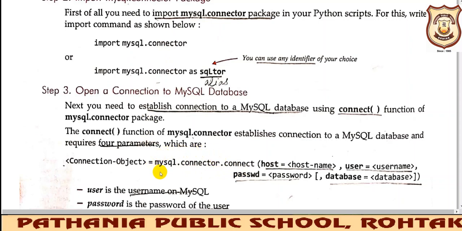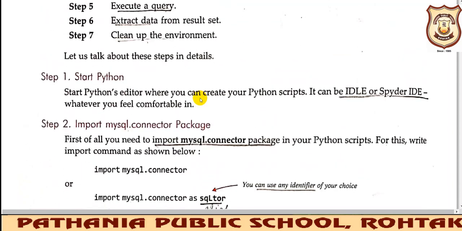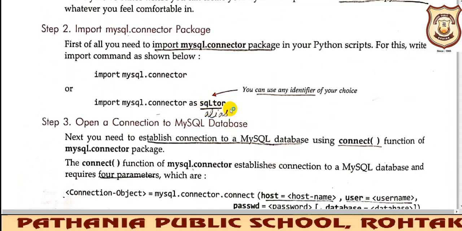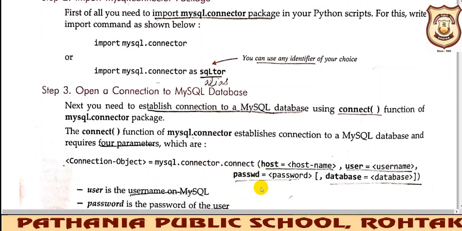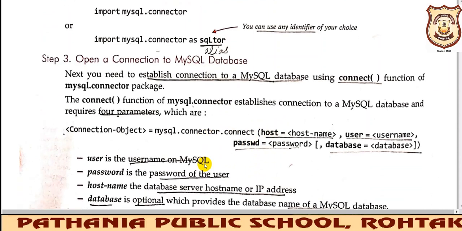If you don't want to write mysql.connector, you can write like this also, as he has used this alias, sqltor. If you are using this statement, then you will use sqltor.connect. Either you can write mysql.connector.connect, or you can write sqltor.connect. Fine. So it's totally your choice.